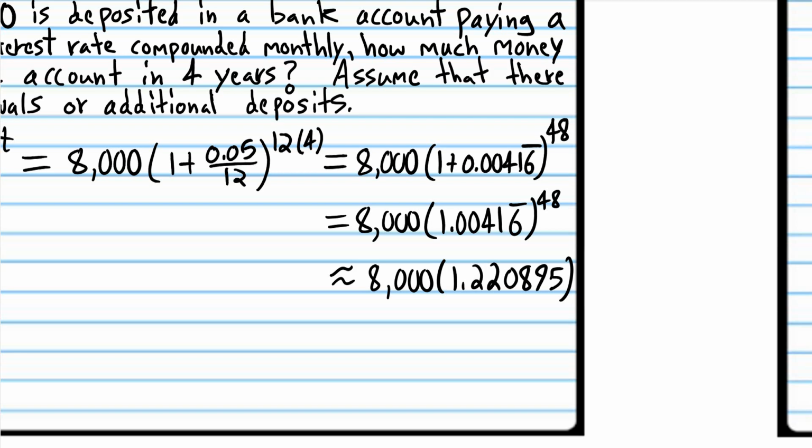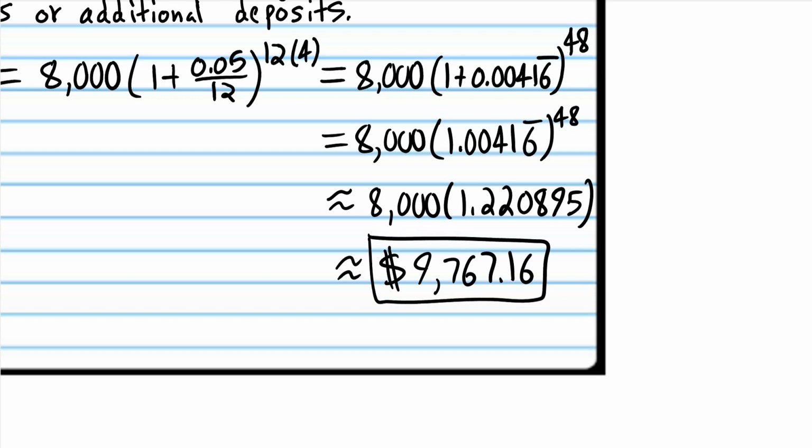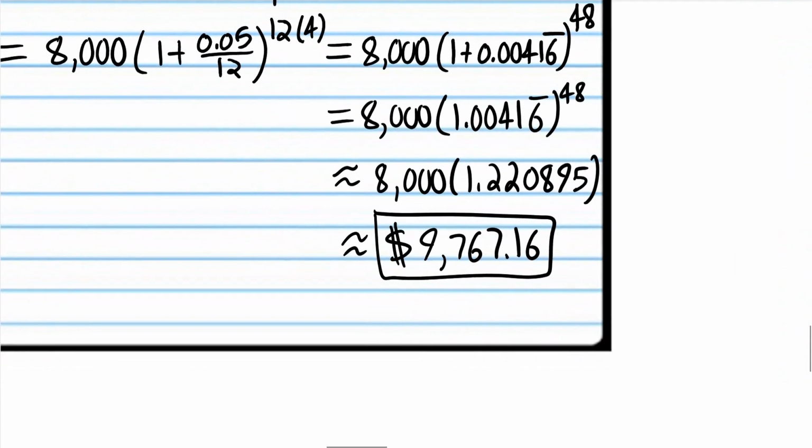And if I multiply that by 8,000, this is going to be our final answer, so $9,767.16. Make sure that you round off to the nearest cent. The problem doesn't tell us what to round off to, but when you're dealing with dollars, obviously you can't have a fraction of a cent. At least not in most cases.